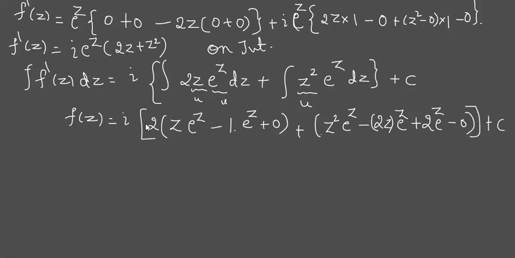Let us simplify a little bit. What is common in all the terms? e raised to z is common. Let us take it common. Now we'll see what terms are remaining. You have 2z, don't forget that this 2 is there, minus 2, here plus z square, here minus 2z, here plus 2. Am I correct?